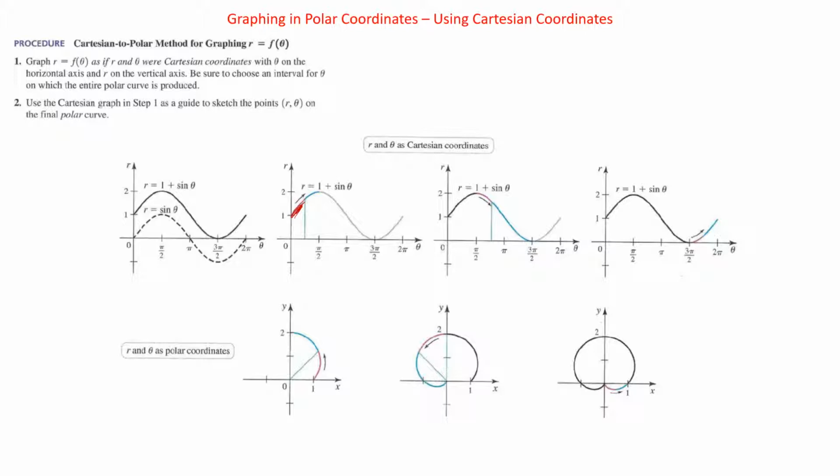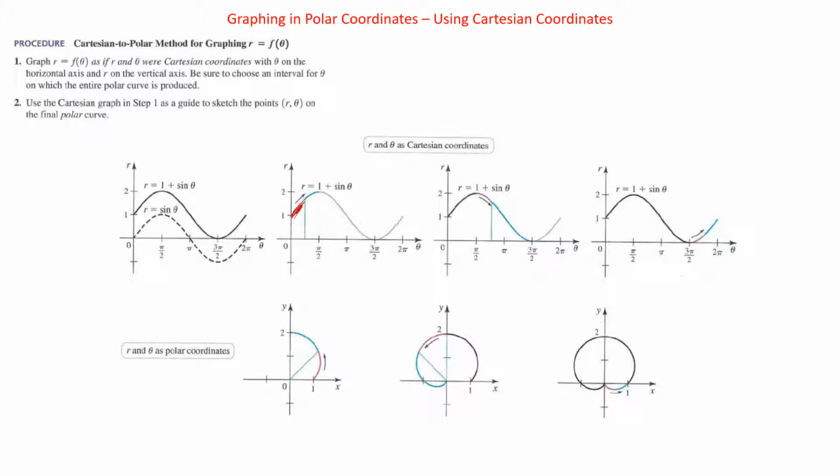So we start out radius 1, we end up radius about 1.5, and we connect it with a smooth curve. Then we do the next piece of it. It gets to radius of 2 and the angle of pi over 2. So we'd put the dot there, and we connect it with a smooth curve. And we would just keep doing that going around.